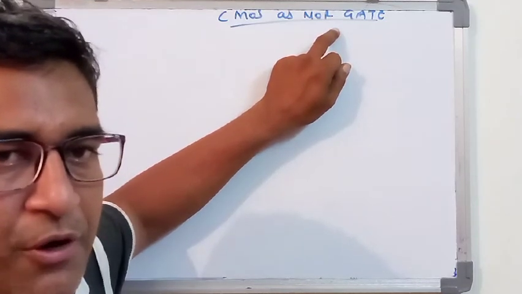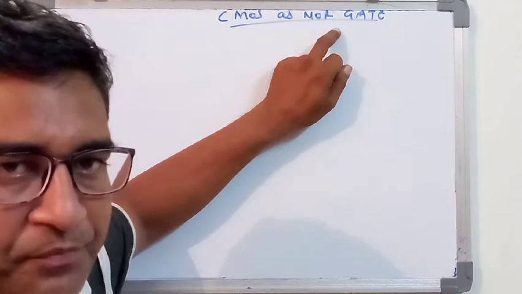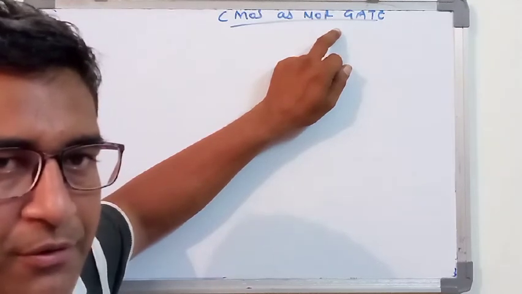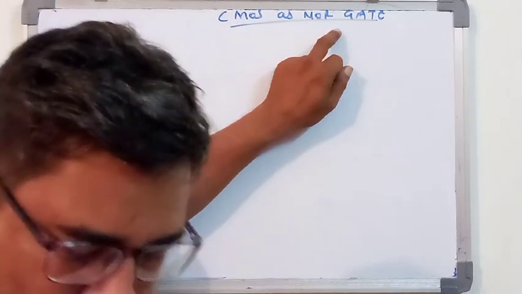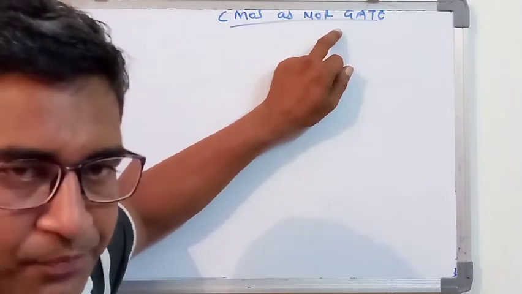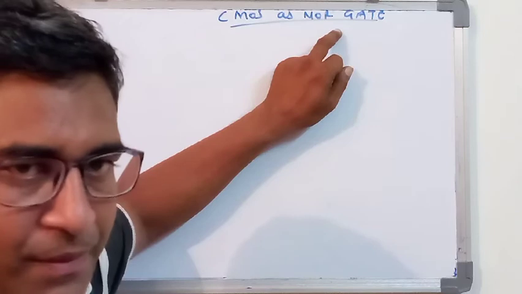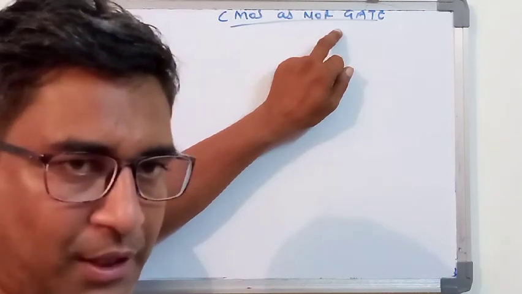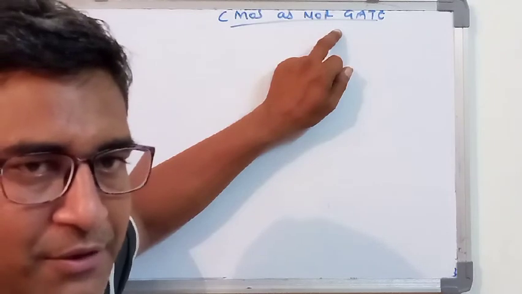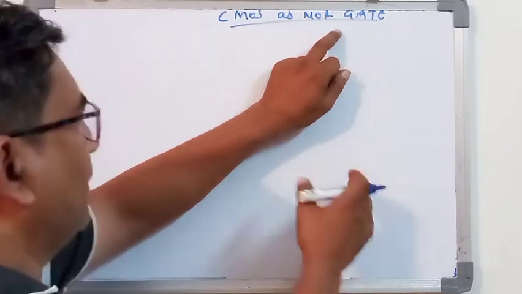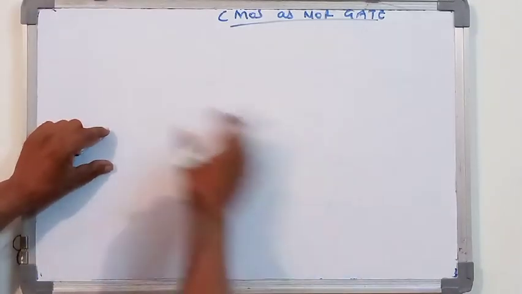Previously we have drawn the circuit for the NAND gate. Below there were transistors, Q1 and Q2, in series. Now in this we have to keep those particular transistors to the upside. Now the circuit will look like this.